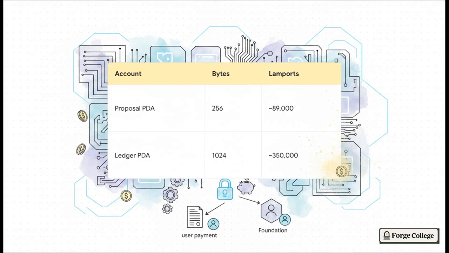Because of that brutal reality, you need to calculate detailed rent estimates to avoid any nasty runtime surprises. For context, a 256-byte proposal PDA will run you roughly 89,000 lamports just to stay rent-exempt. Bump that up to a 1024-byte ledger PDA, and you're scaling up to about 350,000 lamports. You've got to bake these costs directly into your smart contract logic. You have to ask yourself, does the protocol pay this rent, or is the user footing the bill?